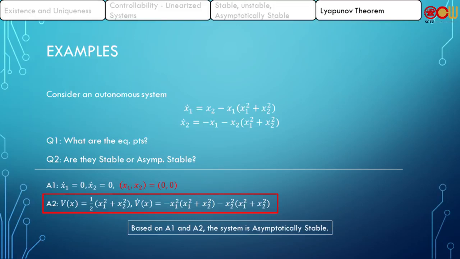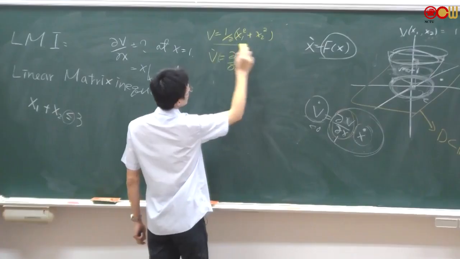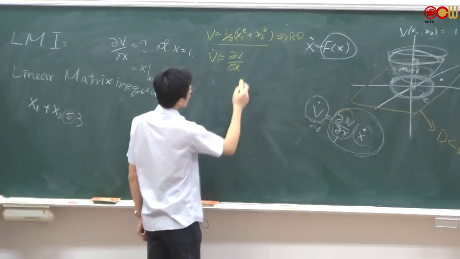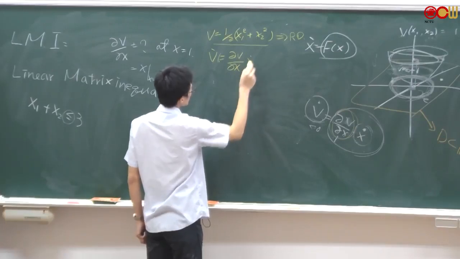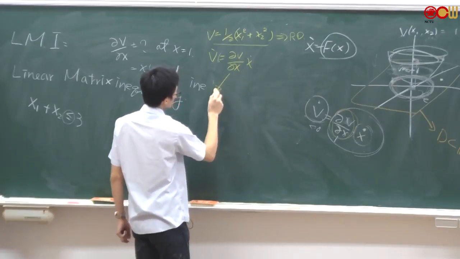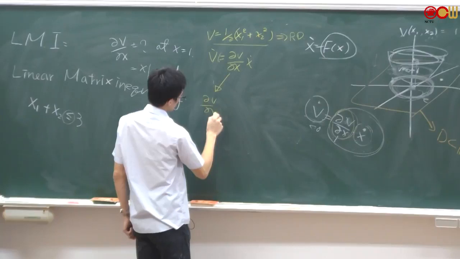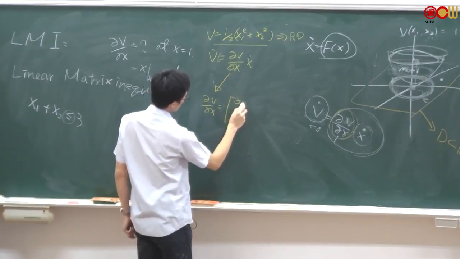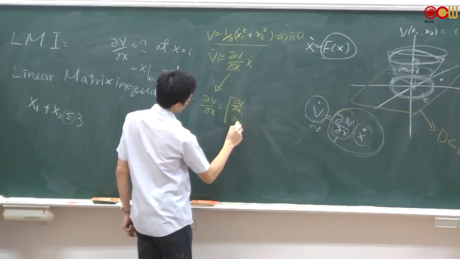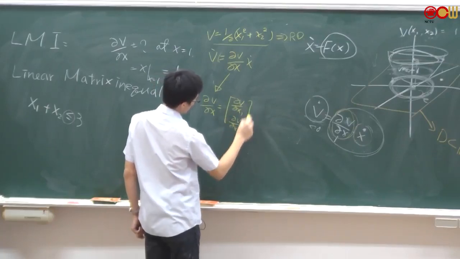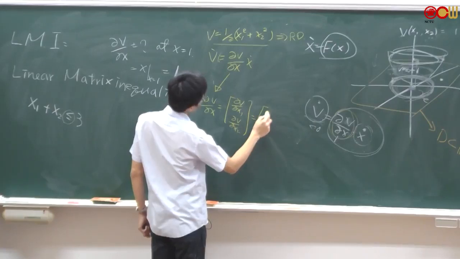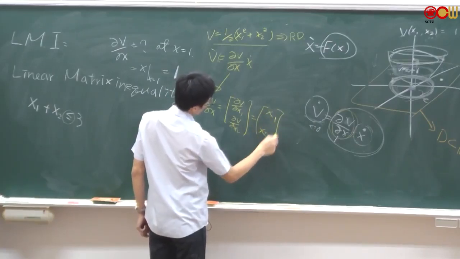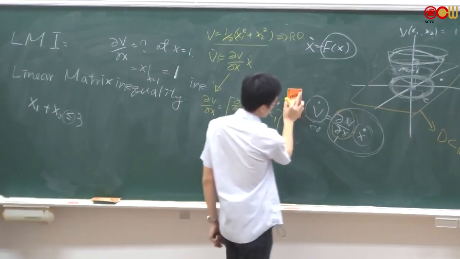So the first step is you take the gradient of v. So this is PD, right? Positive definite. And x dot. So what is the gradient of v? What is Vx?